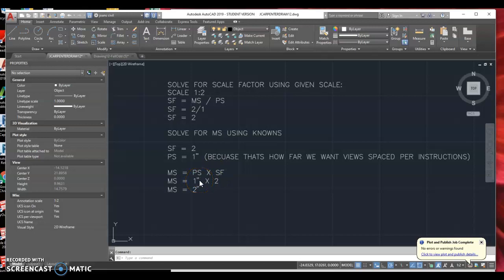I plug in my 1 inch times my scale factor of 2, and I find out that the distance in model space that I need to offset the views is going to be 2. And I'm presuming these are inches, but really this drawing is not given in units.